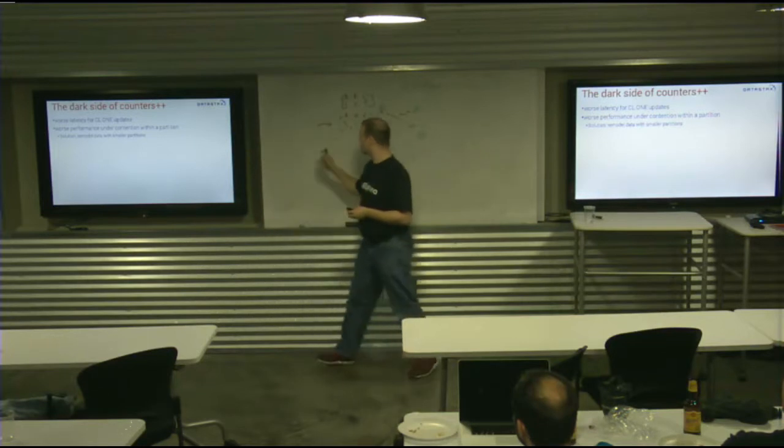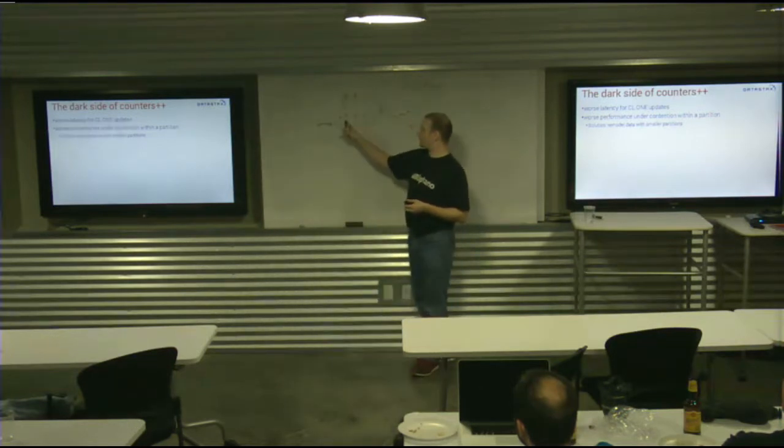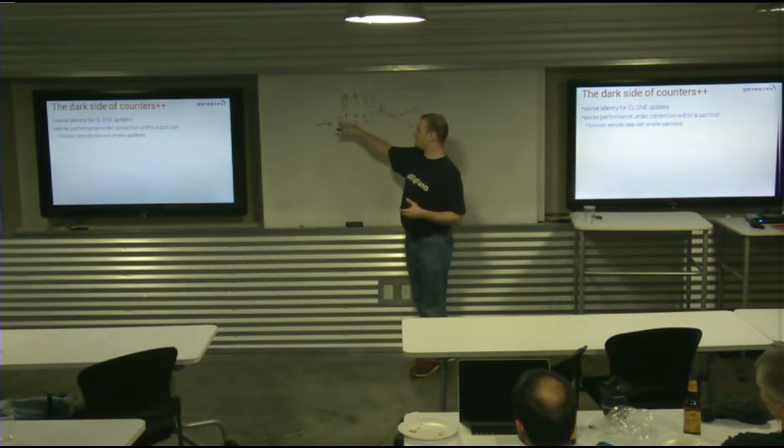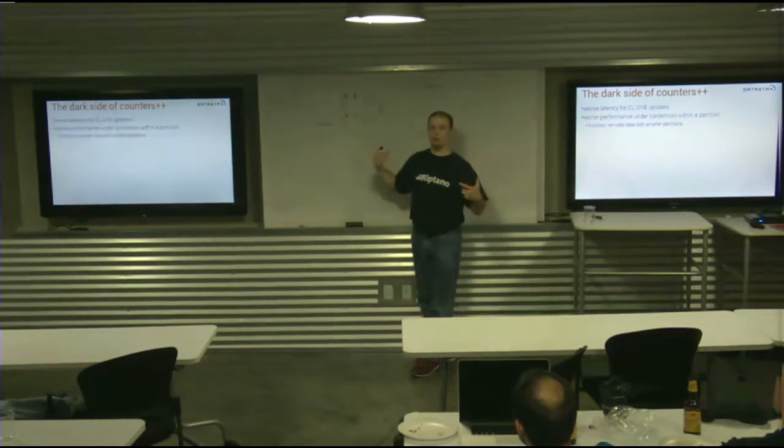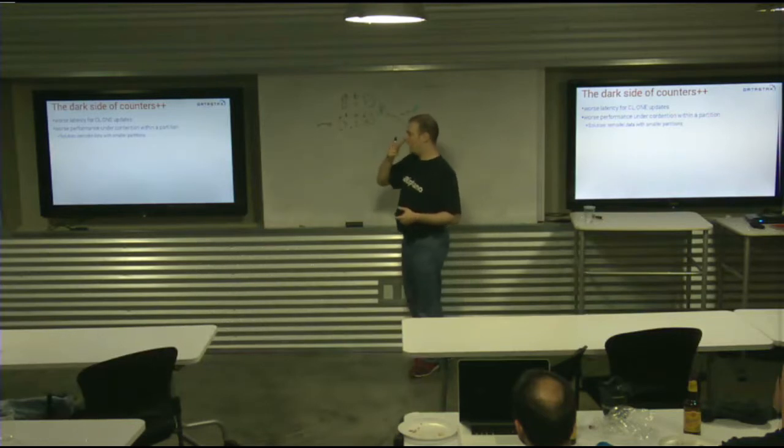Similarly, because I'm now incrementing before I replicate, internally I have a lock for each counter partition. I grab that lock to do my increment, and then I know that no other increment threads are messing with it and I haven't lost any data.